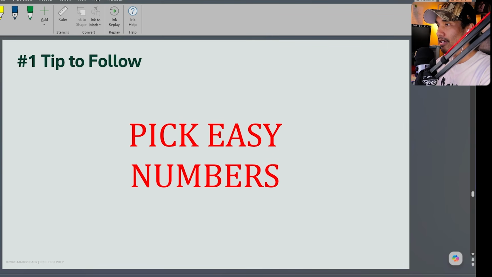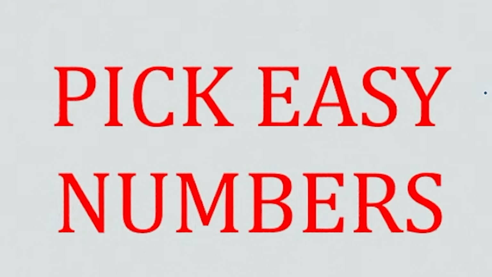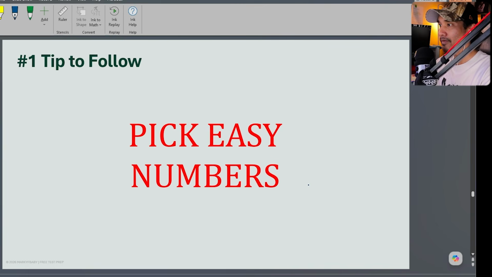Next slide. The number one tip to follow when you are simplifying expressions or solving equations is: pick easy numbers, all the time. If it says x is greater than 6, don't pick like 17.